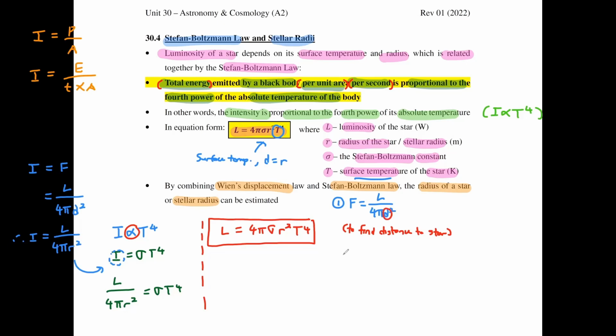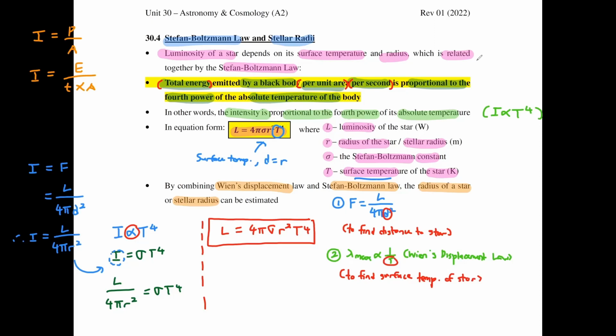And then for the second equation, it's actually Wien's displacement law, where you say that lambda max is inversely proportional to your temperature. You use this equation in order to find the surface temperature of the star. You're finding what is T right over here.